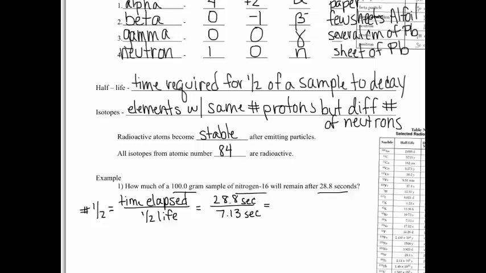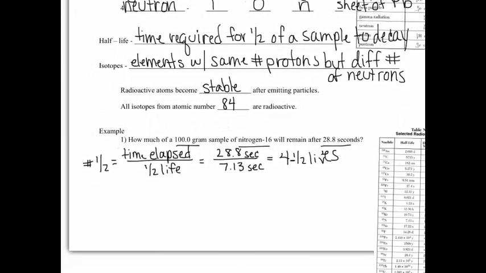And when you calculate that, you get approximately 4 half-lives. Not 4.5, but 4 half-lives. So that means that we had 4 half-lives elapse. I like to use really concrete math for this. There is actually an equation that you can use, but it has a fractional exponent, and it's really obnoxious.